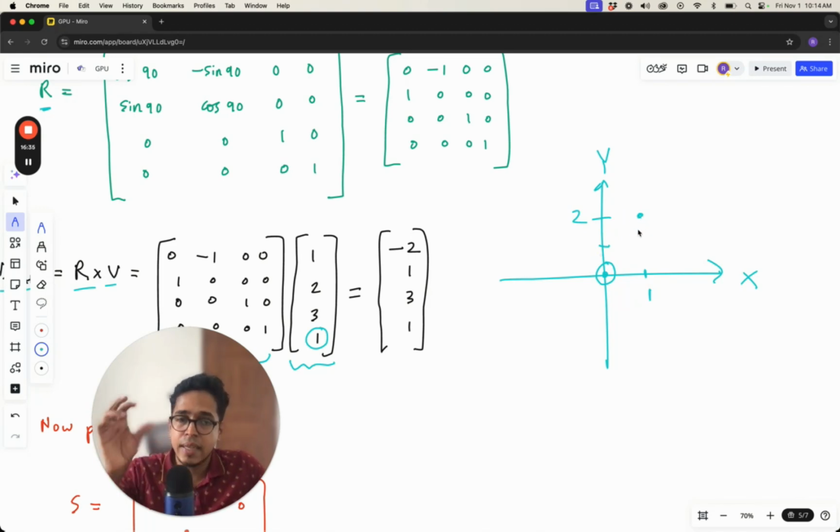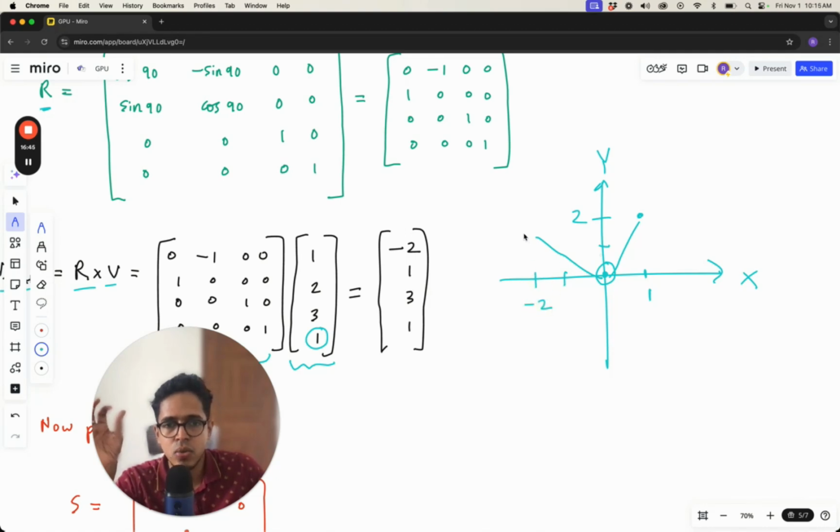Now a 90-degree rotation around the z-axis means what happens to this vector? This vector will rotate to be something like this. And then the x coordinate will be -2, the y coordinate will be 1. So if the original coordinates were 1, 2, 3, after 90-degree rotation, it will become -2, 1, 3. And then you also have w, the additional dimension that we add. So it will become -2, 1, 3, 1, right?